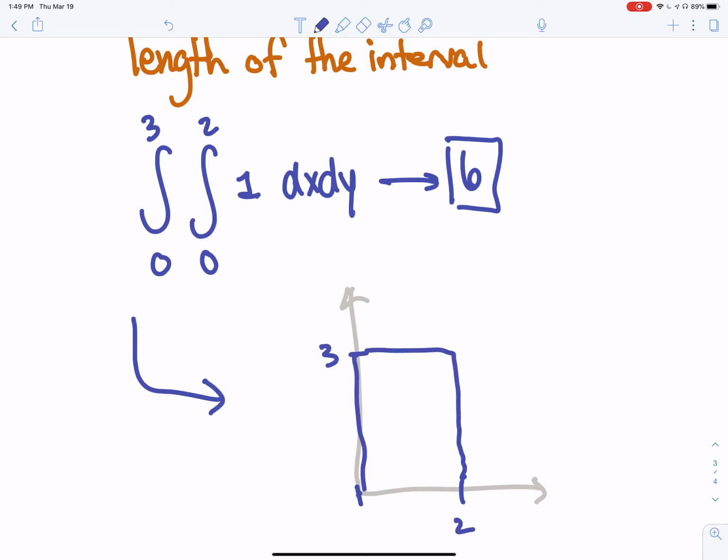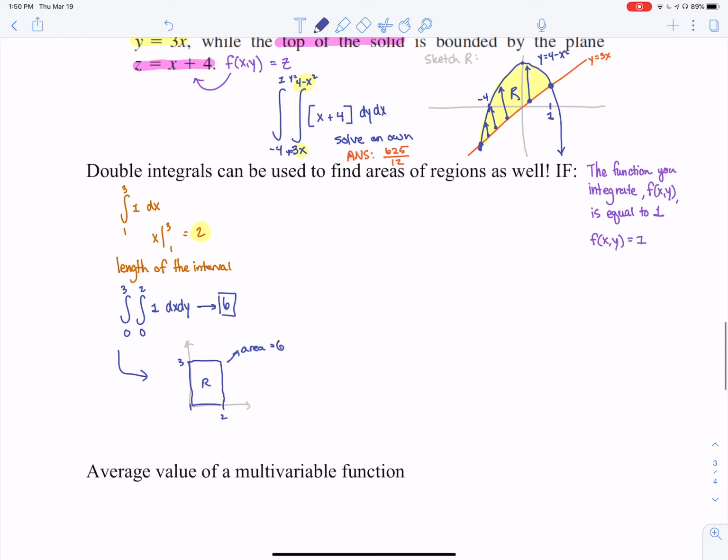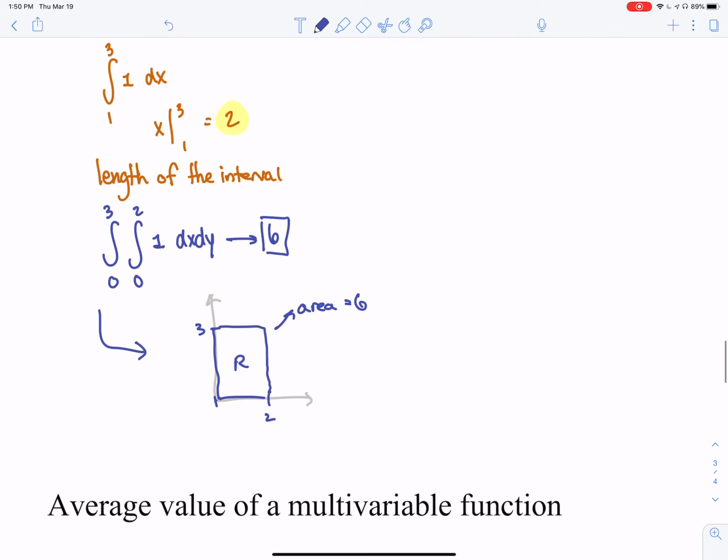That's this box here, and that area is equal to 6. So again, if you're integrating a function 1, then it will not be the volume of some surface over an interval or over a region, but it's actually just the area of the region.